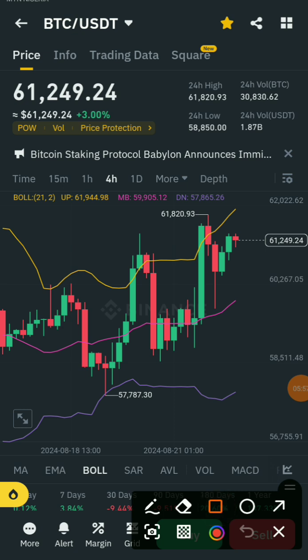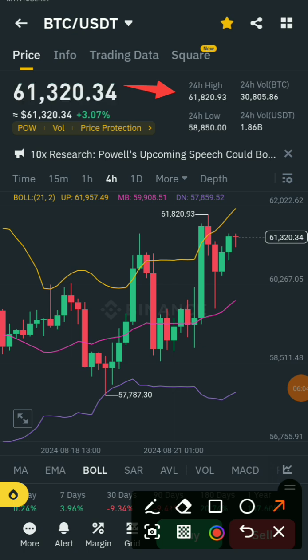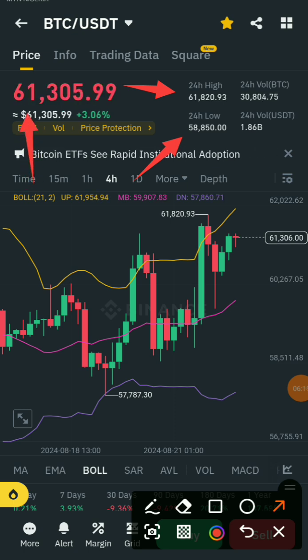You see BTC's 24 hours high is reading at 61,820, and its 24 hours low is reading at 58,850. And its current price is 61,317. So this clearly indicates to you that this isn't the right time for you to buy this asset, because there's a tendency that it may likely go down.